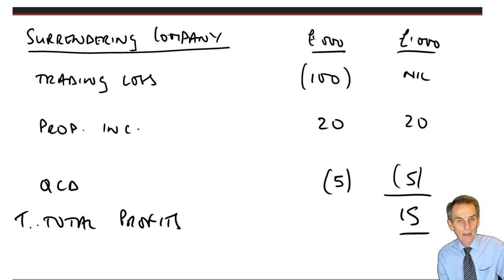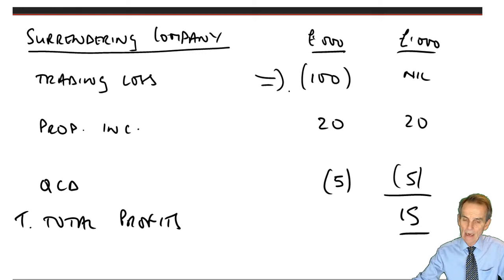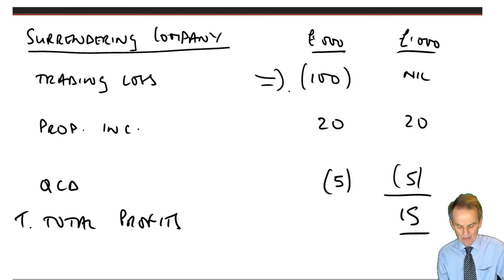So if the group so wishes, any or all of that £100,000 could be surrendered and used within the other 75% group companies. It, the loss maker, doesn't have to use any of its own loss against its own profits. If you want to do that, then that would be a separate claim.